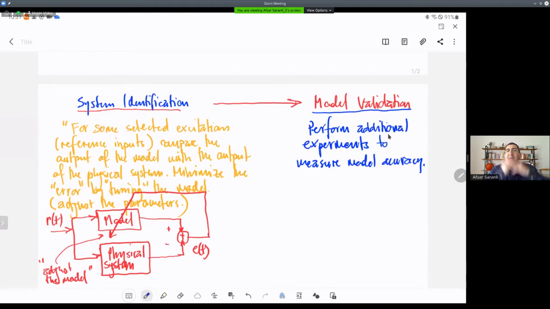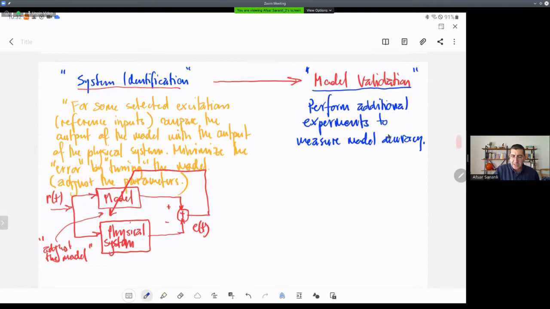So you need to have some independent amount of data, let's say additional experiments, in order to make an independent measurement of the resulting accuracy. Okay. Anyway, these are some terminology that you will hear. Okay, you will hear system identification, and separately you will hear model validation. So you need to be aware of these different concepts.